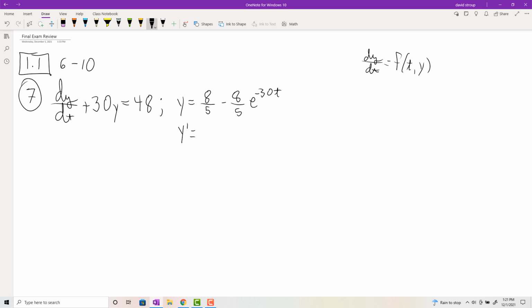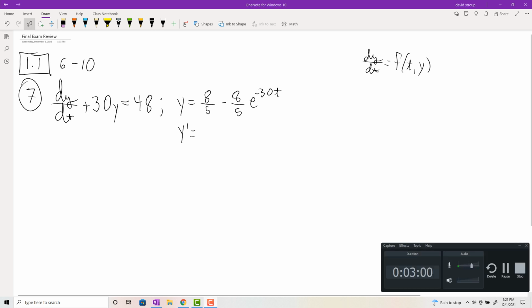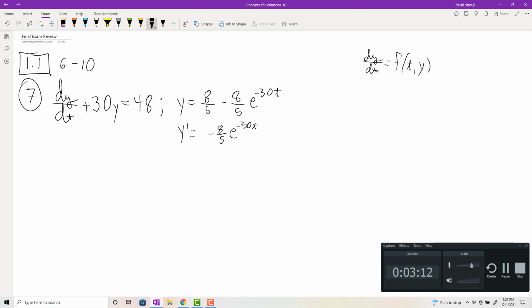Derivative of 8/5 is 0. The derivative of negative 8/5 e to the negative 30t gives you negative 8/5 e to the negative 30t, and then the chain rule, negative 30 tacked on there. You simplify that, so y prime will be, 5 goes in the 30 6 times, 6 times 8 is 48 e to the negative 30t.